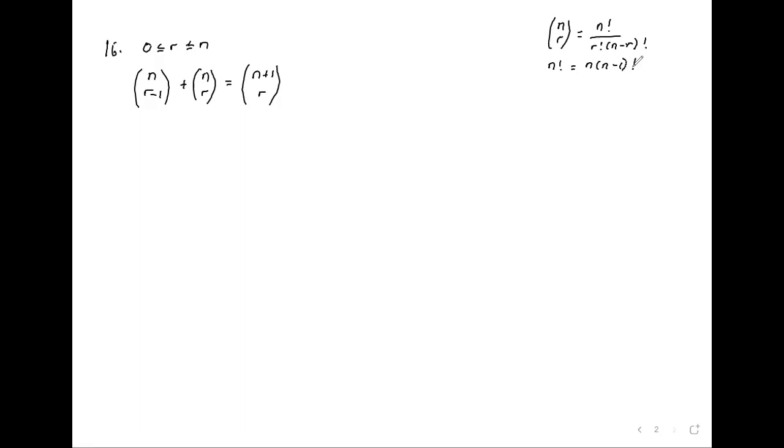Okay, so we'll reduce everything by one step. n factorial over r minus 1 factorial times n minus r plus 1 factorial, plus n factorial over r factorial times n minus r factorial, giving us n plus 1 factorial over r factorial times n plus 1 minus r factorial.